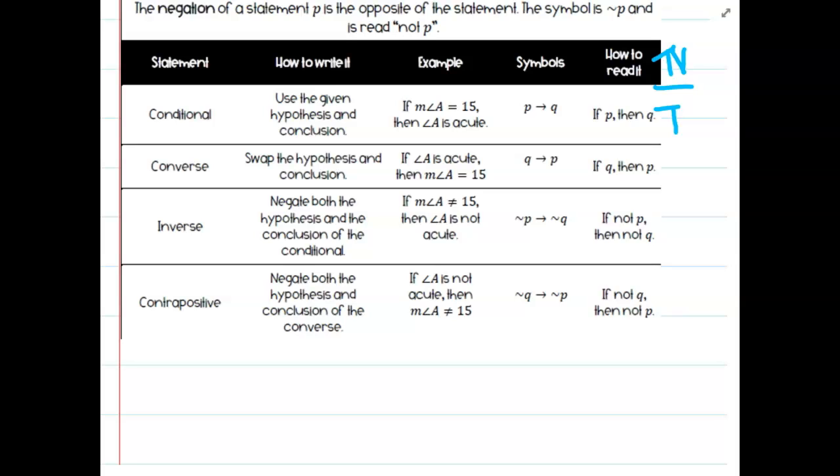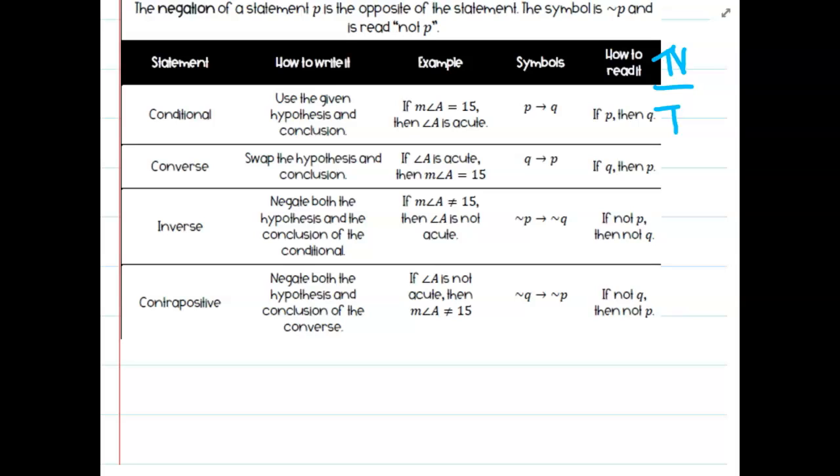Now the first thing we can do, this is pretty simple, is called the converse. You're just going to flip it in a way. You're going to swap the hypothesis and the conclusion. So like this example, we're going to say if angle A is acute, then the measure of that angle has to equal 15. Remember, I'm talking about the truth value here.